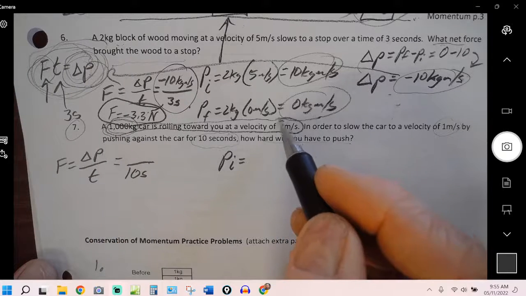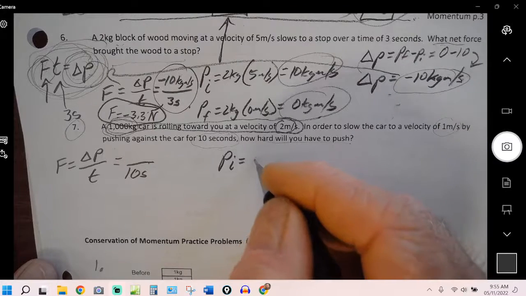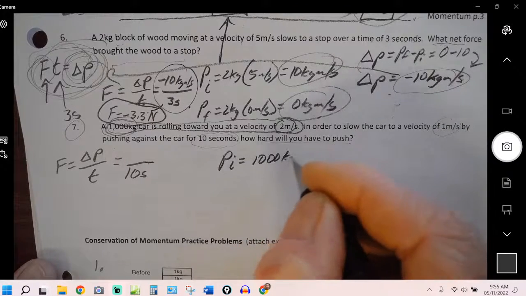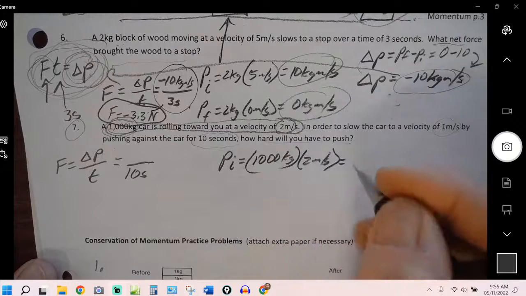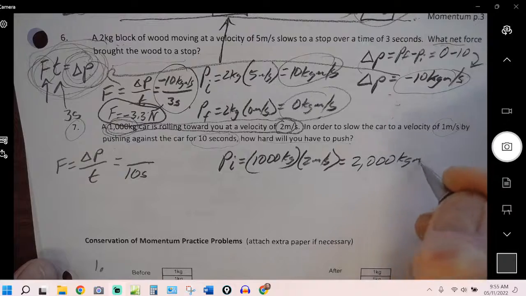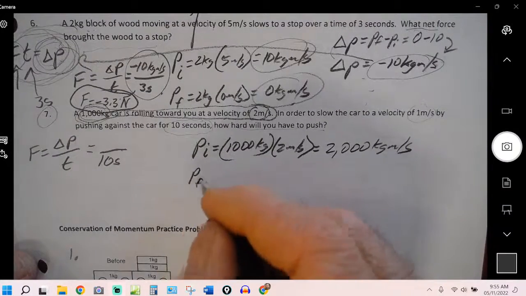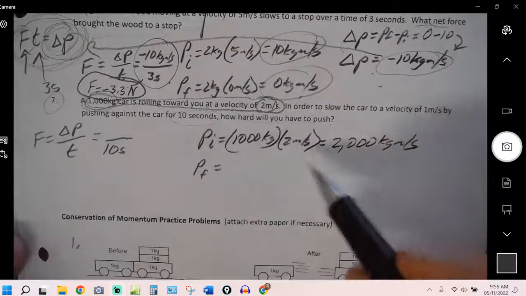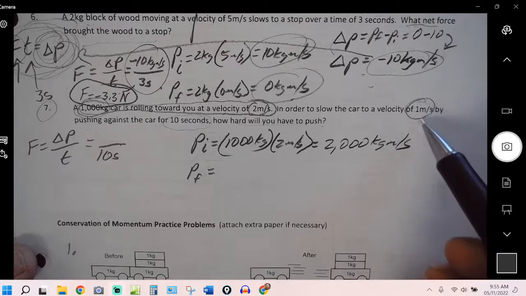The velocity is 2. What's the momentum? 2,000. So it's the mass multiplied by the velocity, and that gives us 2,000 kilograms meters per second. So the final momentum, after you've been pushing on it for 10 seconds, its velocity is 1 meter per second. How much momentum does it have then?